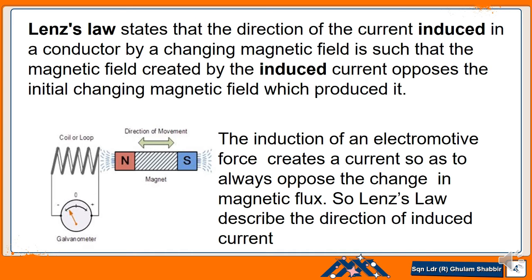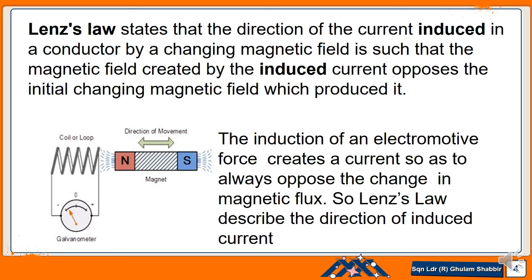According to Lenz's law, when there is a change of flux, there is an induced EMF or induced current. The current induced should be in such a direction that a magnetic field must be created in the coil in such a way that it should oppose the motion of the magnet bar towards or away from the coil.